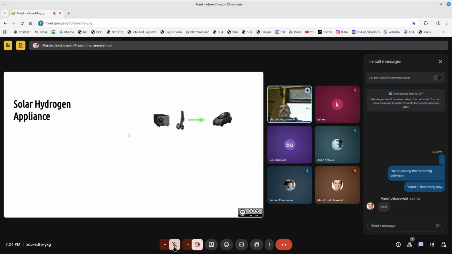Solar hydrogen appliance. I mentioned that before, and I think it's inevitable. In the Global Village Construction Set, we have universal power supplies, which can power your electrolyzer to split water. Electricity plus water equals hydrogen plus oxygen. I put the symbol for the well drilling rig, but think of a device the size of your fridge that's making fuel for your car, including high pressure compression, really high pressure, 5,000 psi.